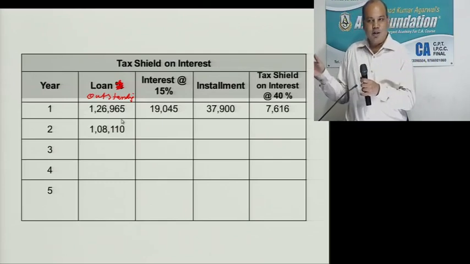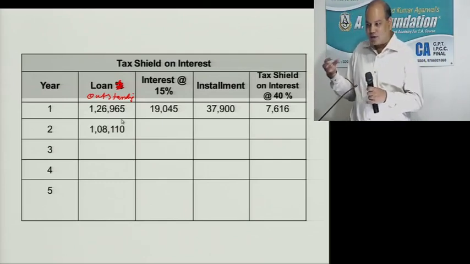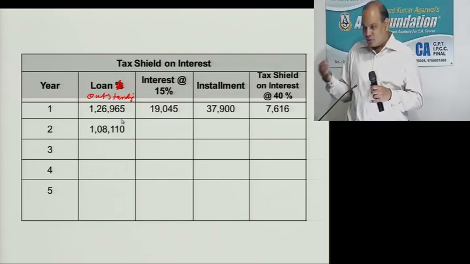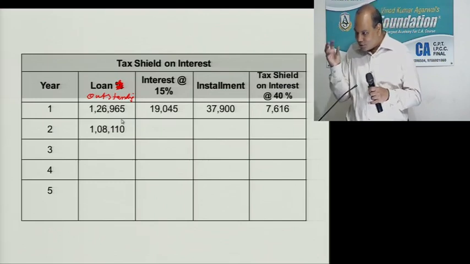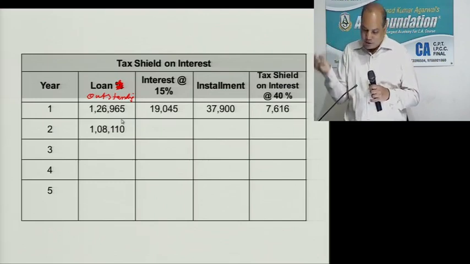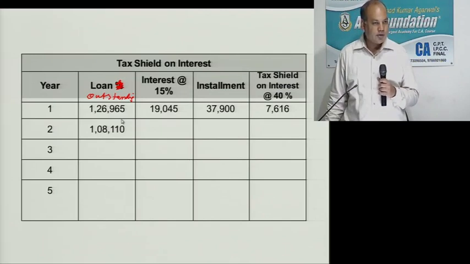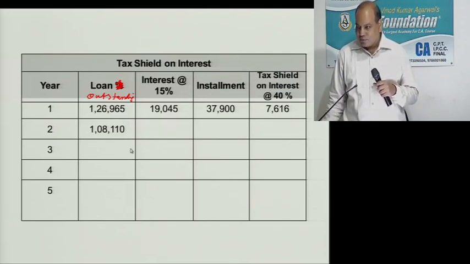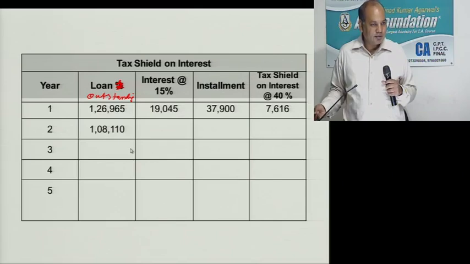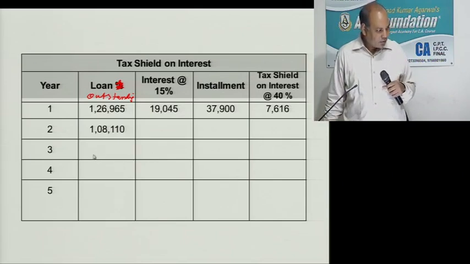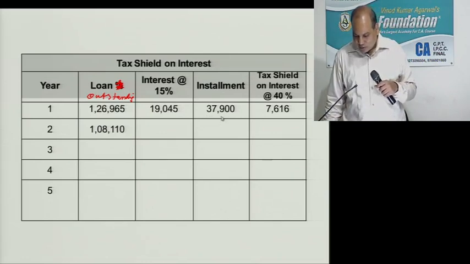That installment includes interest, so remove interest first from that. Only the principal amount you find out, and that you deduct from 126,965. As a CA student, you have to know some basic arithmetic. You are a number cruncher, you are the future of India.